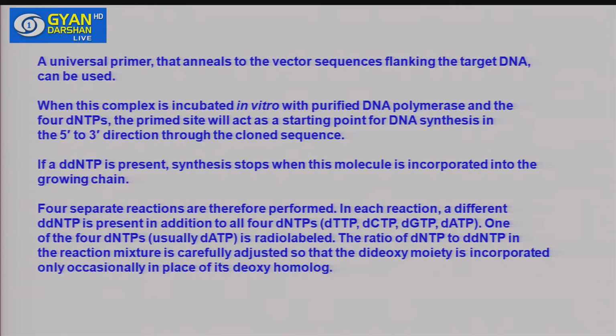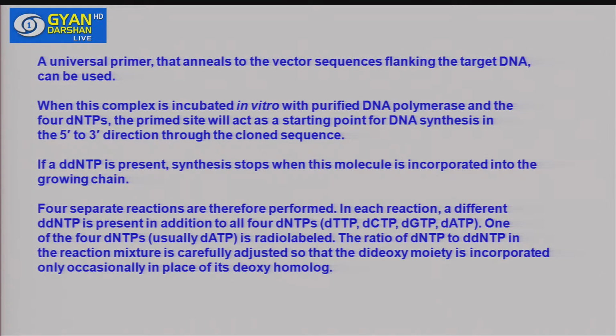Okay, so if ddNTP is present, as I told you, synthesis will stop when this molecule is incorporated into the growing chain. So you have 4 separate reactions. In each reaction you have a separate ddNTP, and in addition you have all the 4 dNTPs. So the ratio of dNTP to ddNTP is carefully adjusted so that the dideoxy moiety is incorporated only occasionally in place of its deoxy homologue.